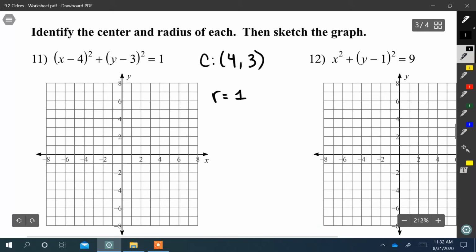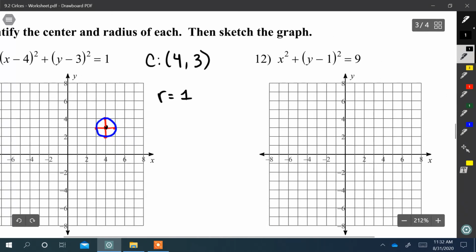That's just going to be 1. So let's look for 4 and 3. So 4 and 3 is right there. The radius is 1, so 1, 1, and then 1. And let's go ahead and draw a circle right there, and that will be my sketch.